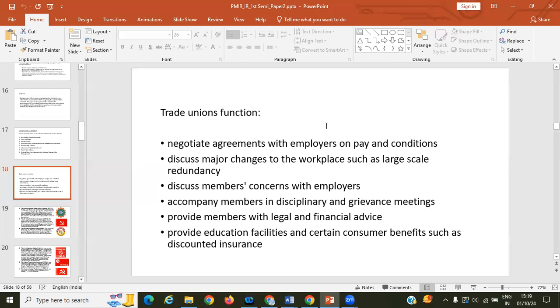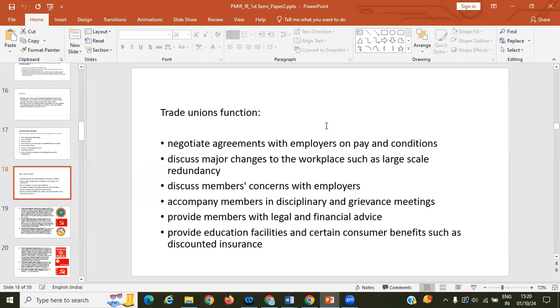So a lot of things are arranged by the union related to education facilities and insurance facilities. Education facilities means school, college, admission problems, and tuition problems. The union is going to help the members on that matter. So these are the main functions of a trade union, which is helping its members.